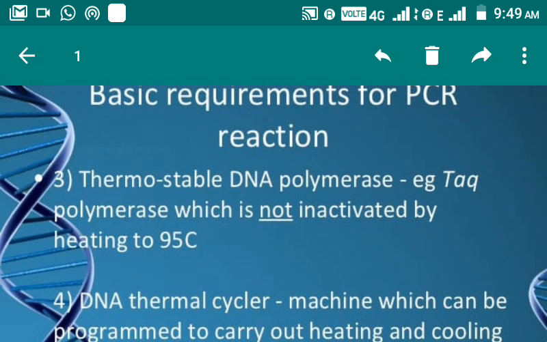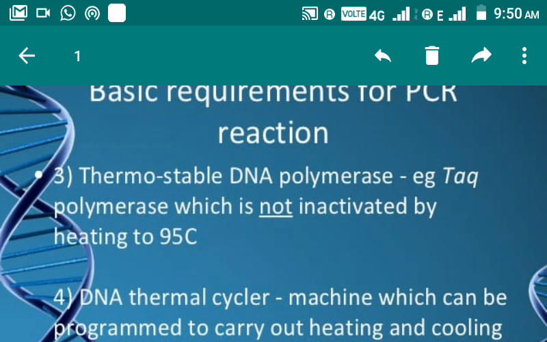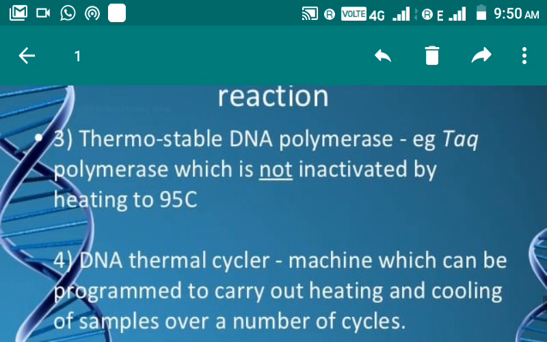And again, I'm emphasizing that in your competitive exams, they used to ask which enzyme is used in PCR, why Taq polymerase is used in PCR. So remember it. This is very important, because this enzyme can tolerate 94 or 95 degree temperature, and it will not be denatured or deactivated.